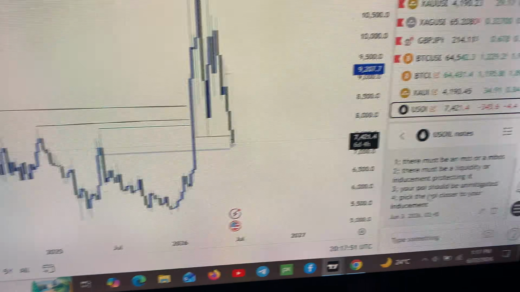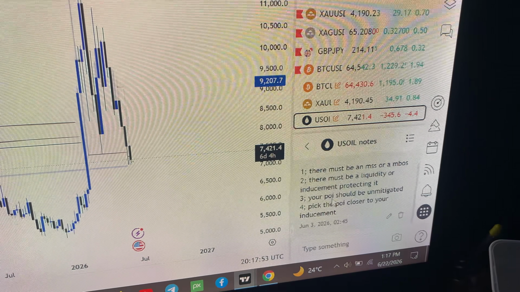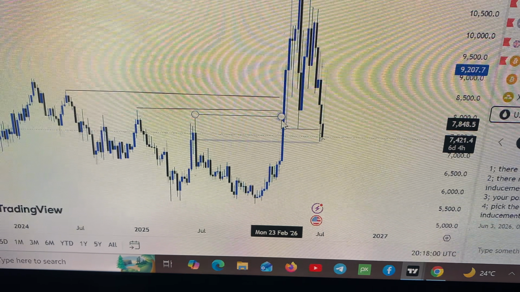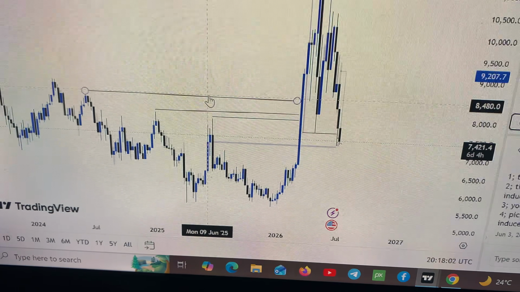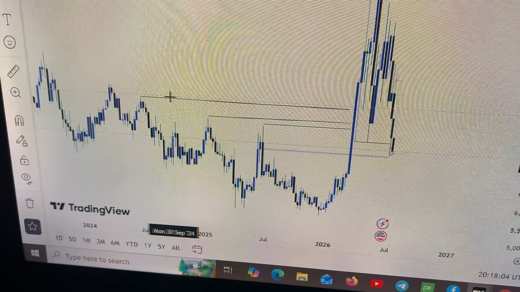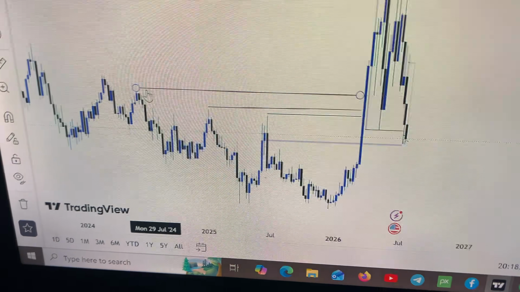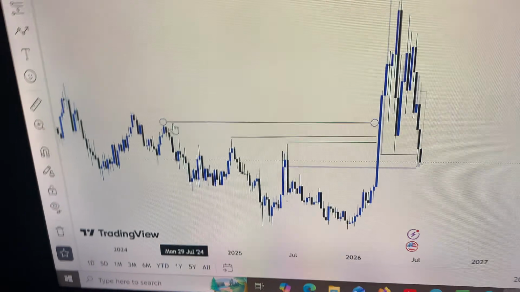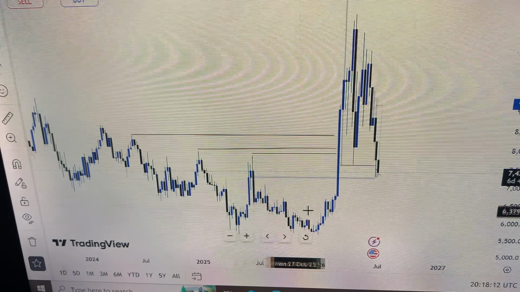Then it said your point of interest, your POI, should be unmitigated. So when this inducement came out, it mitigated this zone right here, this candlestick wick, also mitigated this zone right here, and it also mitigated this zone, which means these three POIs are automatically disqualified for us to pick as our entry. So what do we see right here?